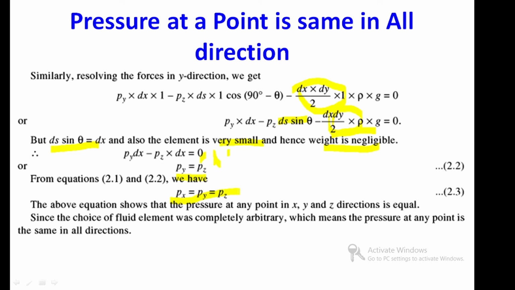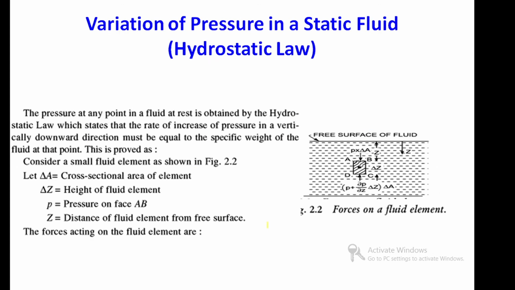This is Pascal's law. The above equation shows that the pressure at any point in the x, y, z directions is equal. Since the choice of fluid element was completely arbitrary, the pressure at any point is the same in all directions. This is proved from Pascal's law.